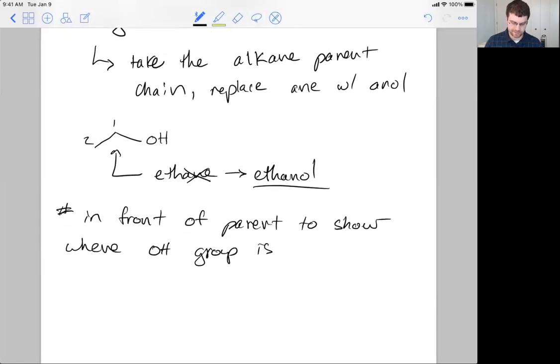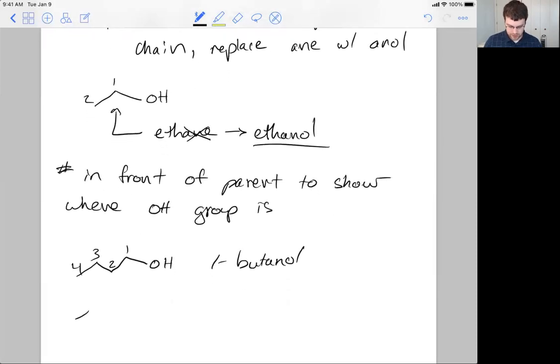All right, so actually you don't see that too much with ethanol, but definitely for butanol, for example. So this is 1-butanol because we took the 1, 2, 3, 4 chain that's butane and we replaced the ane with anol. That's in contrast to 2-butanol.